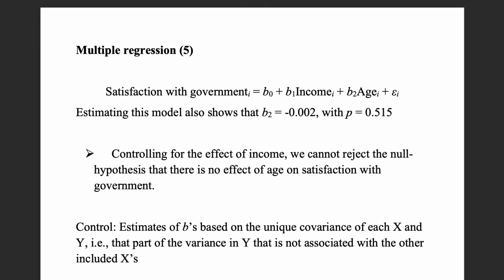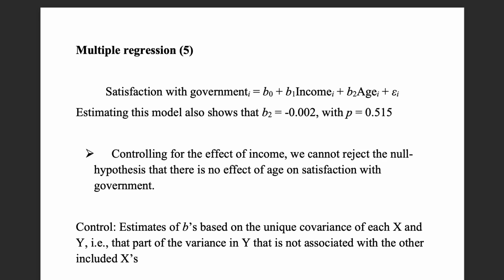So how does this whole control business actually work? Why can we interpret this as holding the effect of the other variable constant, or controlling for the effect of that other variable, or adjusting for the effect of that other variable? Well, it basically works like this.